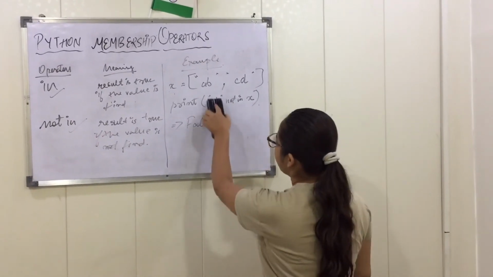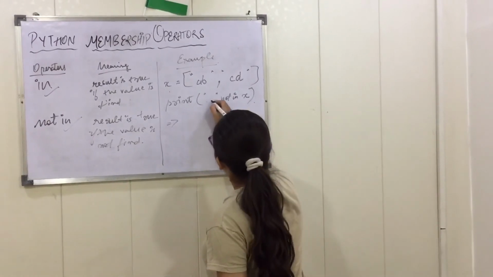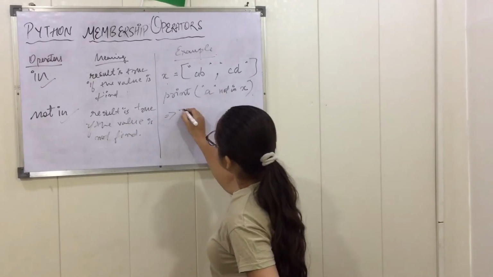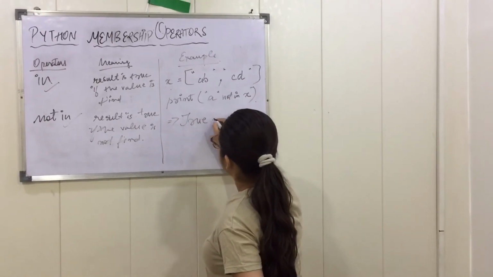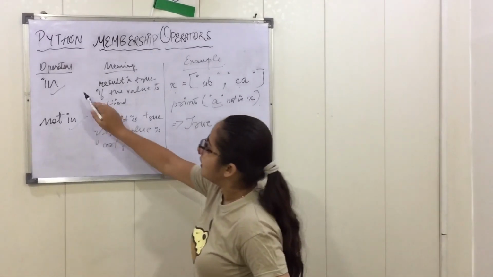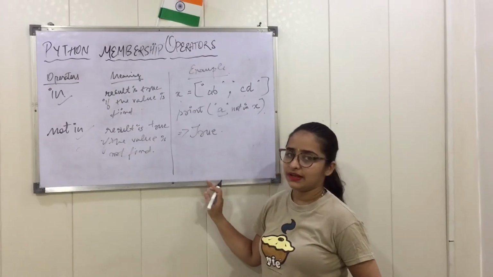If I ask whether A is not in X, there is no such value, so the answer is true, because A is not there. In this way we can use the in and not in membership operators in the Python programming language.